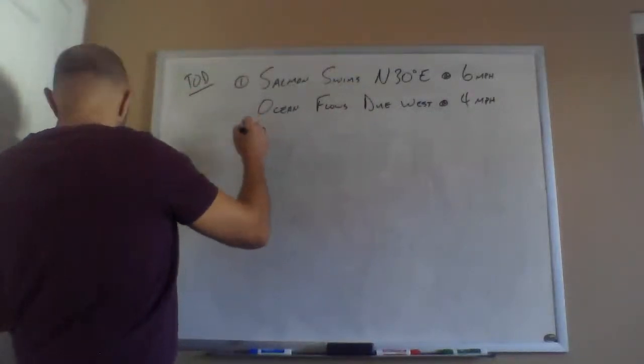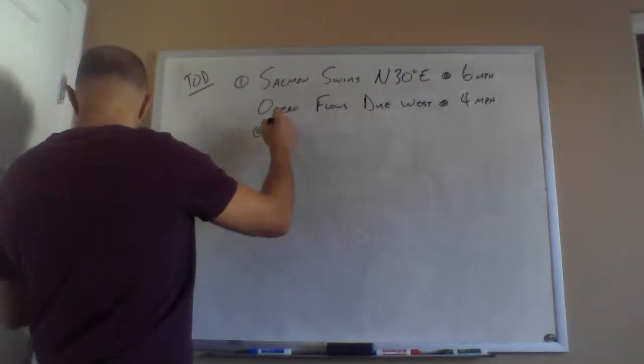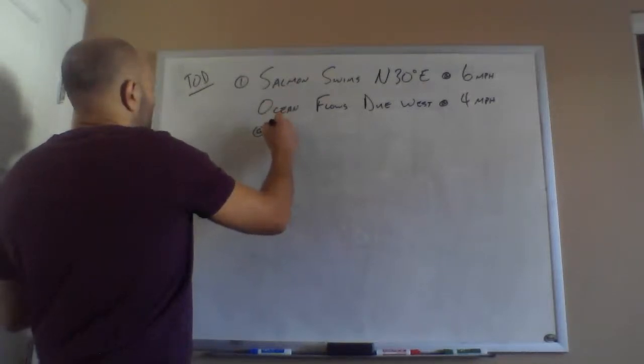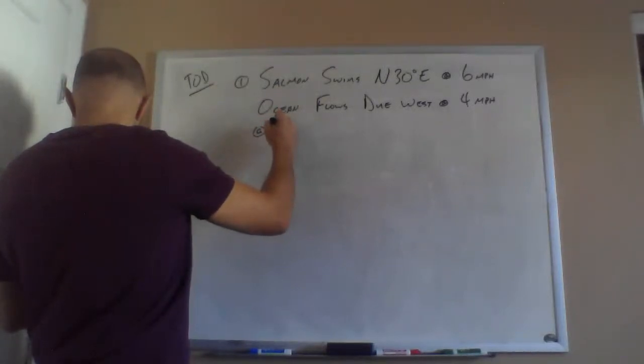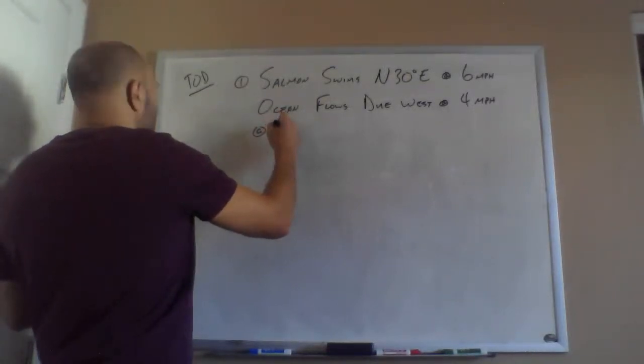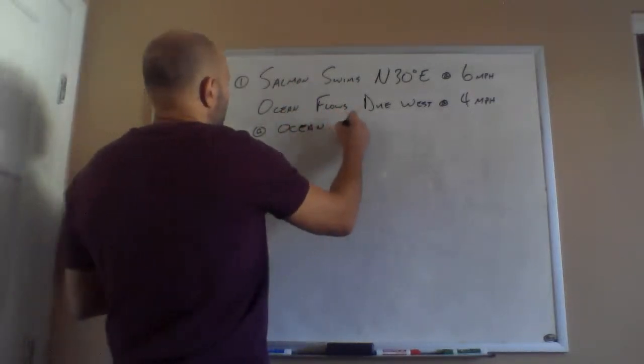So we have 4 parts of this. Find the speed, find the vector. So write the ocean as a vector.